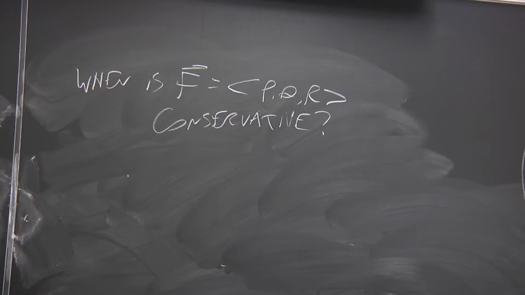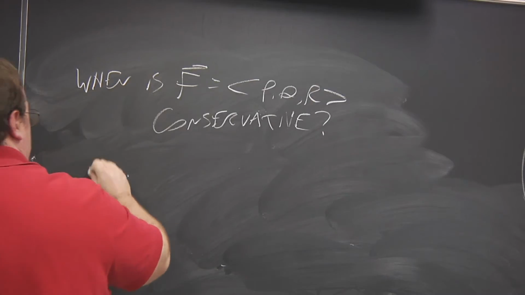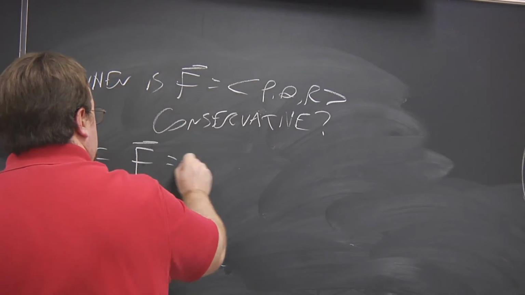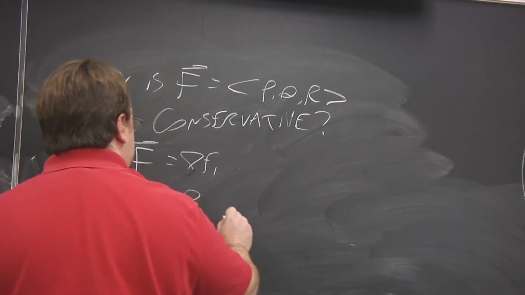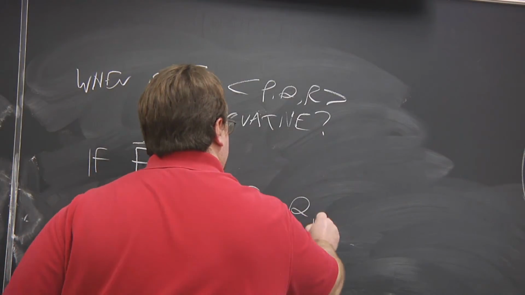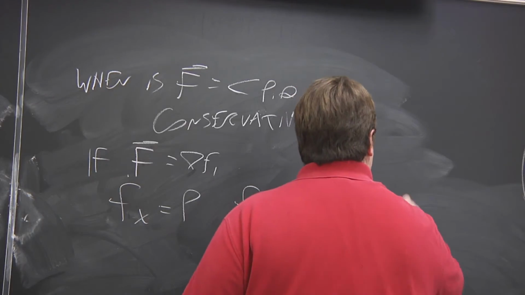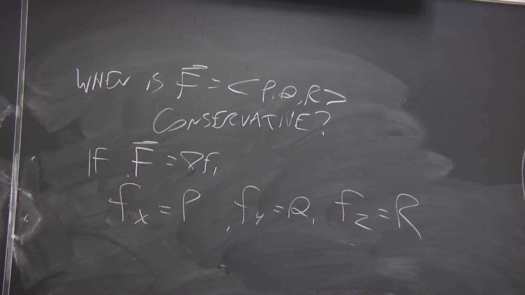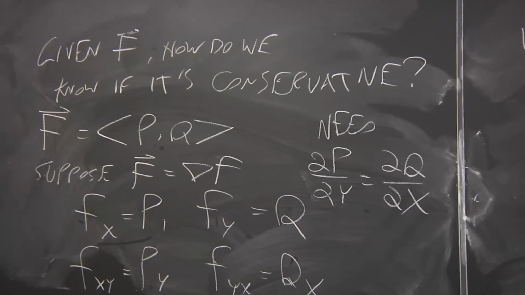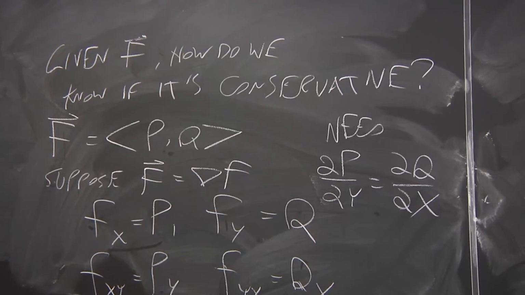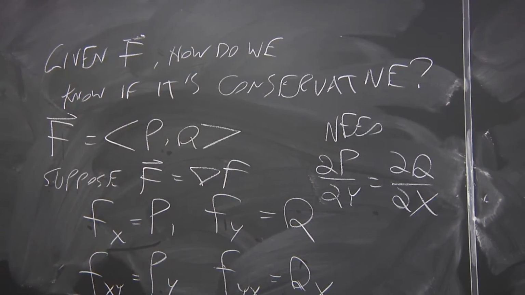Well, if it is, then we have f_x equal to P, f_y equal to Q, f_z equal to R. So, how can we use a similar idea to what we saw in 2 dimensions to come up with a test like this in 3 dimensions? How can we use that same kind of approach to smoke out whether this is conservative?